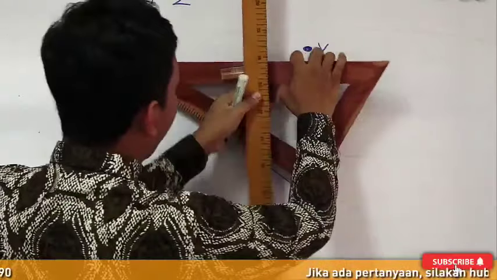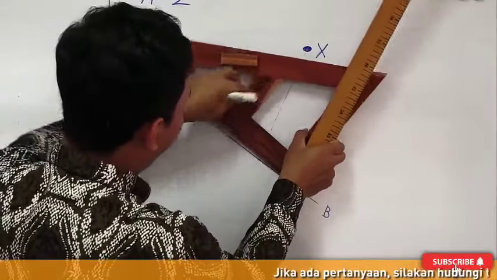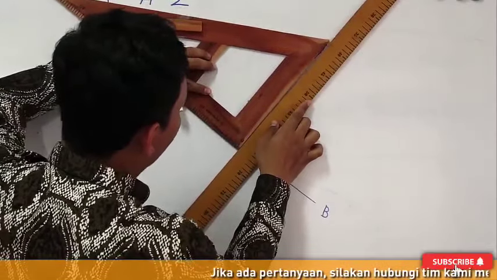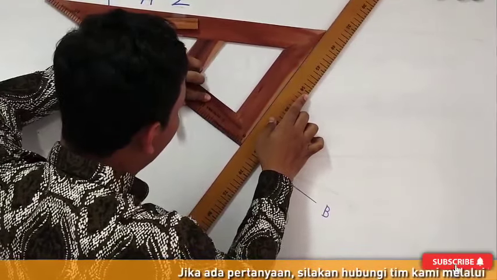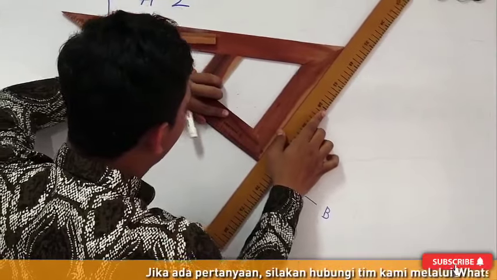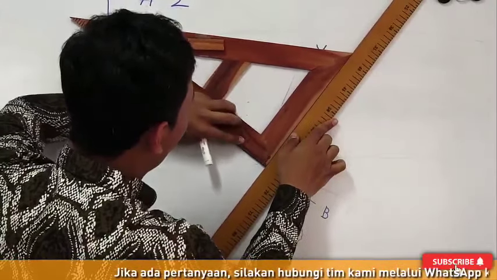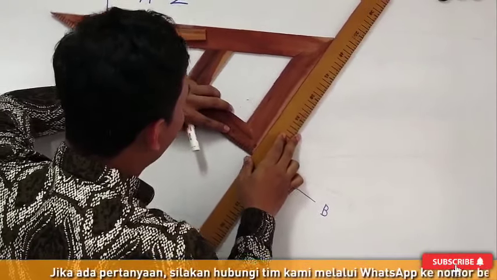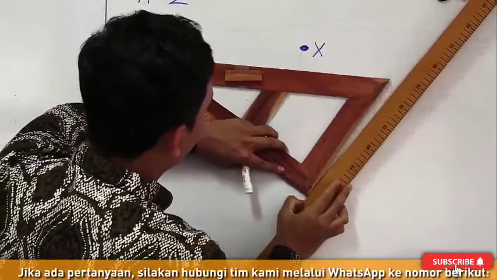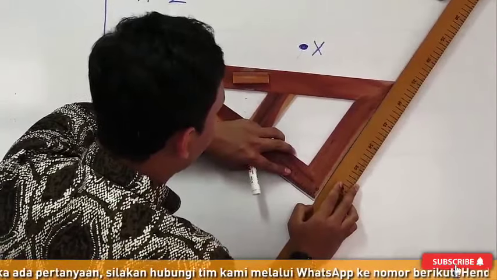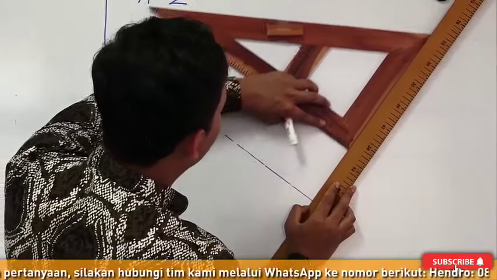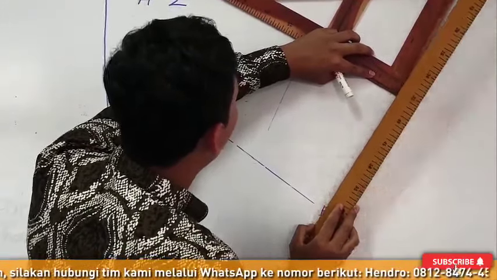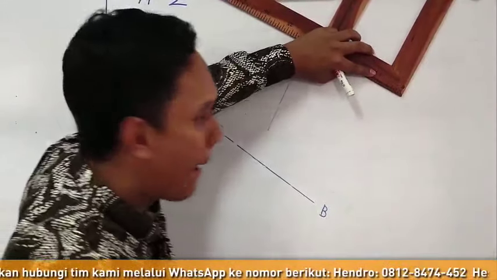This is our ruler, and this is our set square. And then slide the set square here. Now slide the set square here until you can find the parallel lines.